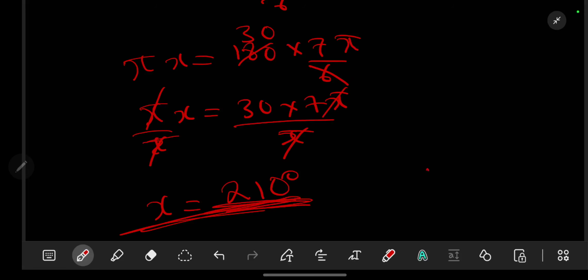So 210 degrees, you do the same. So 210 degrees will be here. That means if from here up to here it is 180, the remaining for it to be 210 has to be 30. So this has to be 30 degrees. This has to be 180 degrees, like that.